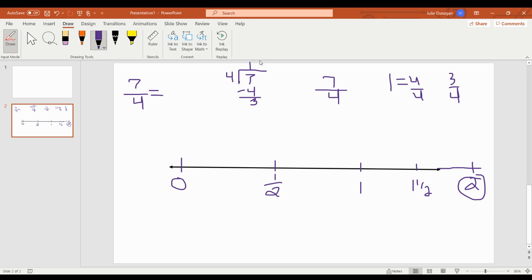We take our 3 and put it over the number we're dividing by. So we have 1 3/4. If I have 1 3/4, it's more than 1. It's more than 1.5. It's really closer to 2. So if we were to be asked which fraction 7/4 is closest to, you would say it is closest to 2 wholes, or the number 2.